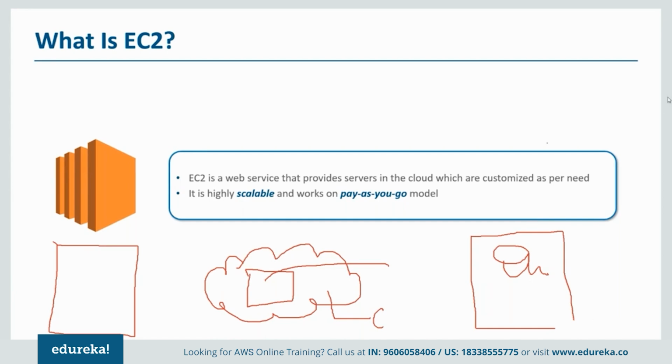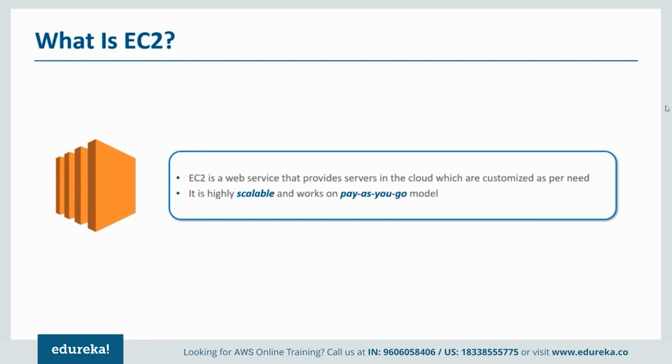The main advantage that we get on top of cloud services is that it is highly scalable, plus it works on a pay-as-you-go model. Here we don't have to pay any upfront cost, as compared to on-premise servers, where we have to pay an upfront amount for the infrastructure for the servers that we'll be buying, right?